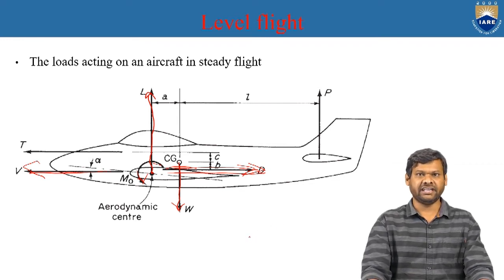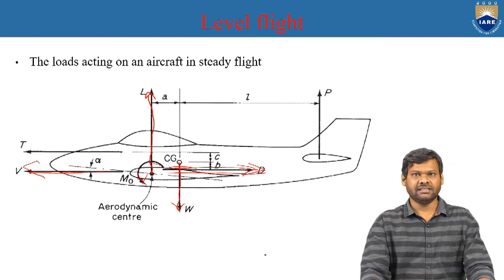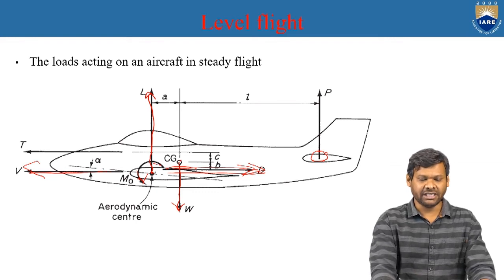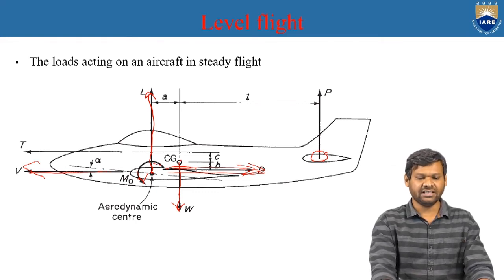The lift force generated on the wing is given by L, and the lift force on the tail plane is given by P. The distance from the center of gravity to the aerodynamic center of the tail plane is given by the length l, and the distance from the center of gravity to the aerodynamic center of the wing is given by the length a.